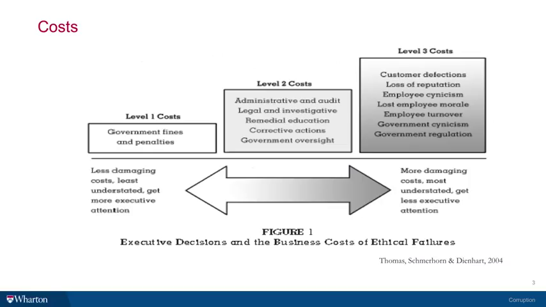Level 2 costs are costs associated with the level 1 costs. So, for example, the cost of defense, right? Should there be a trial that is going to be levied to impose this fine? The costs of remediation, right? So the government finds that there's been a certain kind of misbehavior.